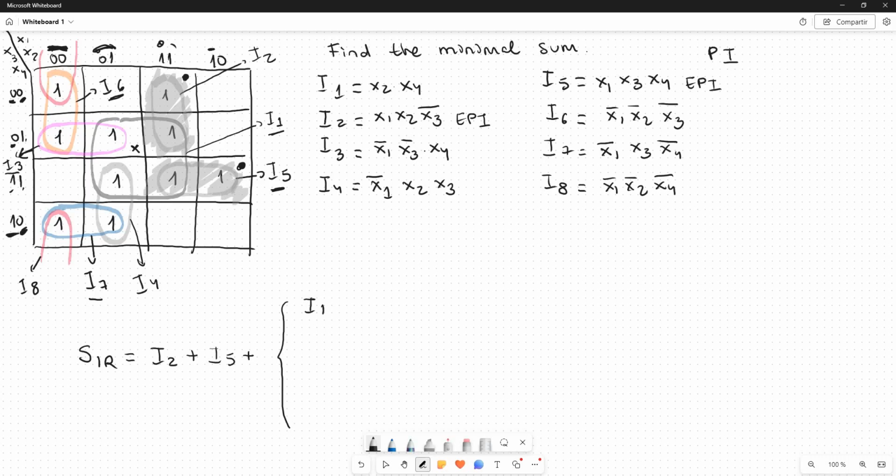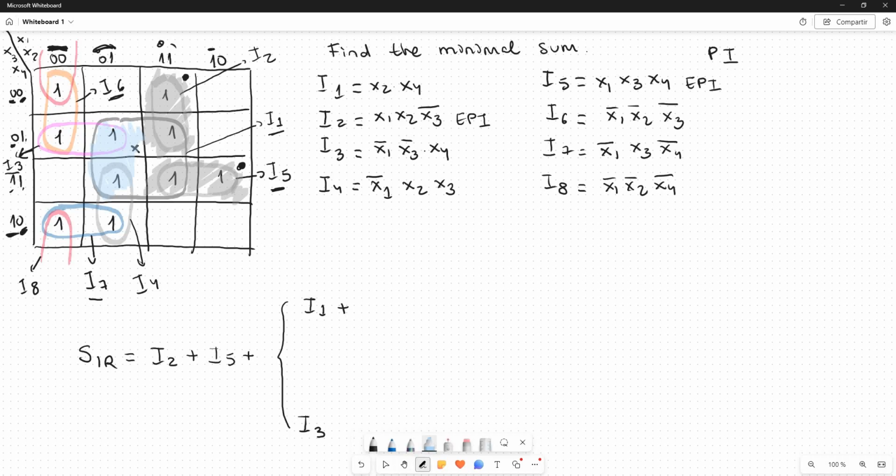Implicant 1 or implicant 3. So imagine that we use implicant 1. If we use implicant 1, we are going to cover these two ones. So we still have to cover the remaining cells.